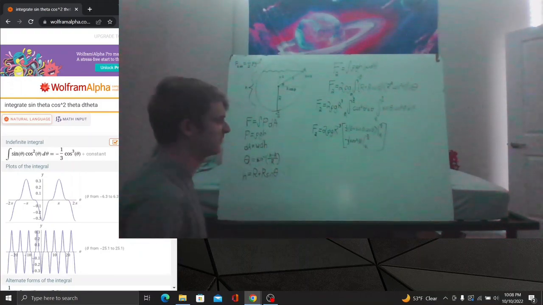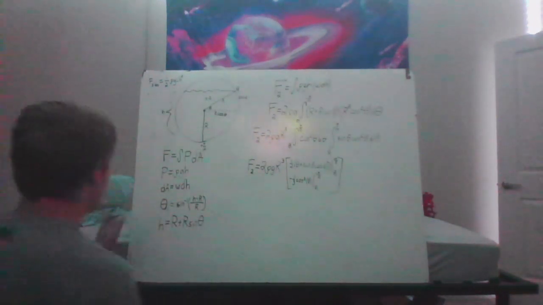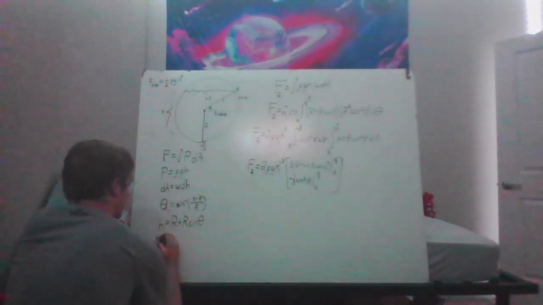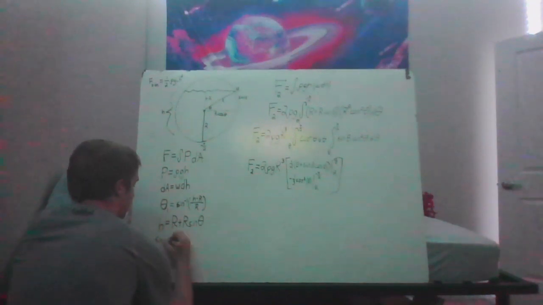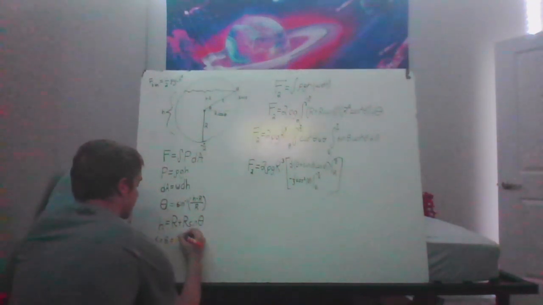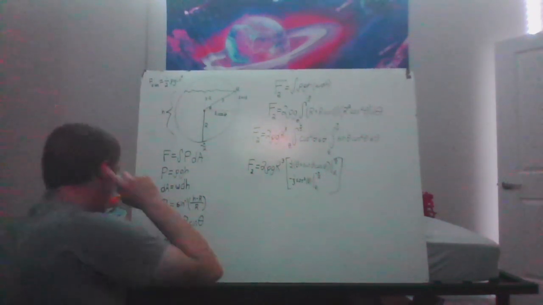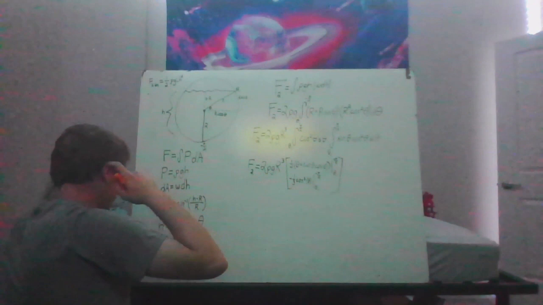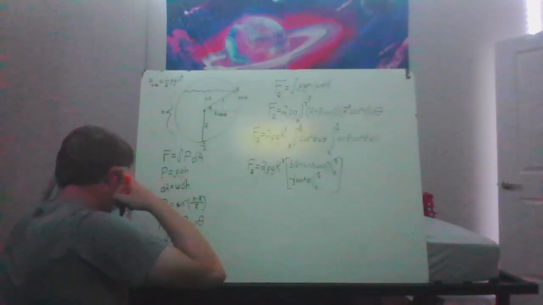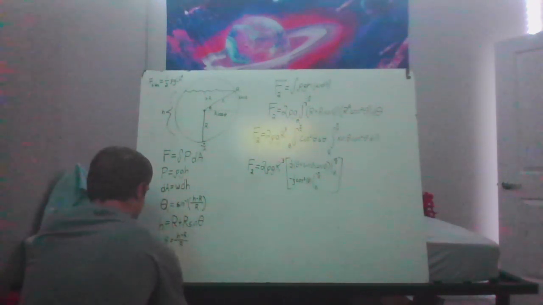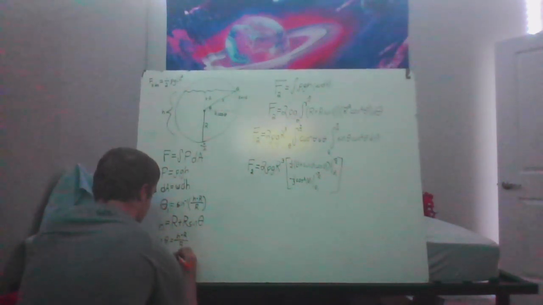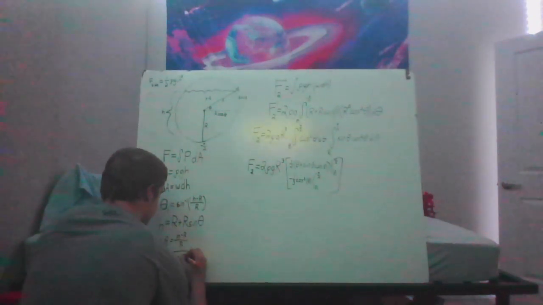Like so. Now using this equation here for our theta 1, we can also tell that sine of theta 1 is going to equal h minus r over r. And then using a trig identity, we know that cosine of theta 1 will equal the square root of 1 minus sine squared theta 1.